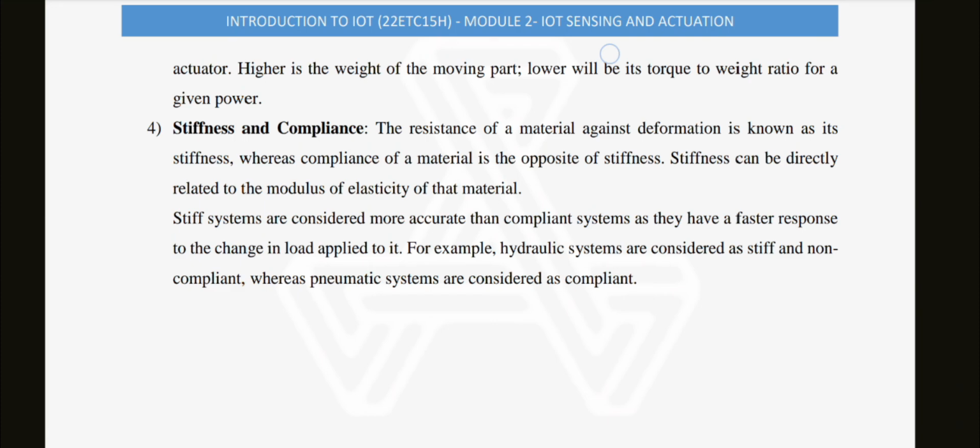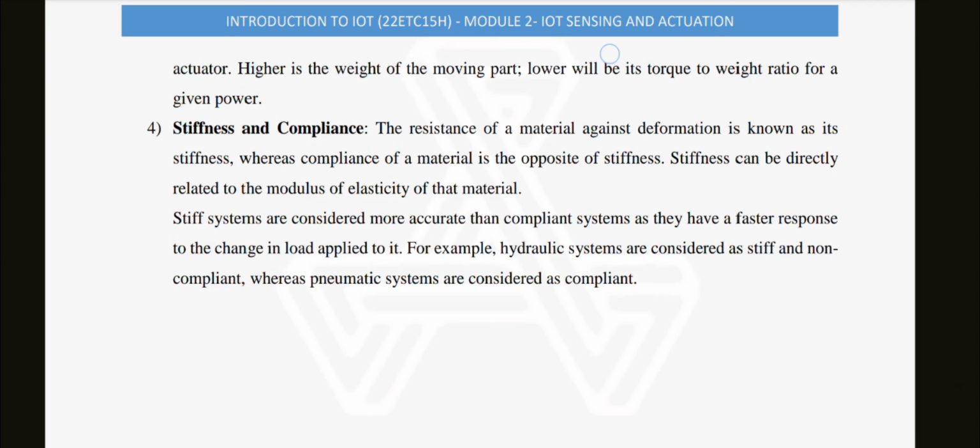Stiffness and compliance. The resistance of a material against deformation is known as its stiffness, whereas compliance of a material is the opposite of stiffness. Stiffness can be directly related to the modulus of elasticity of that material.